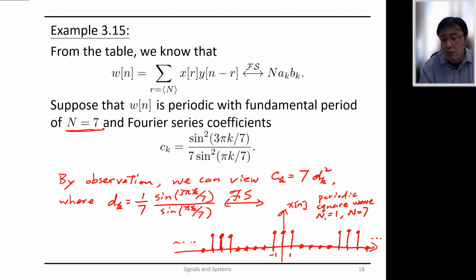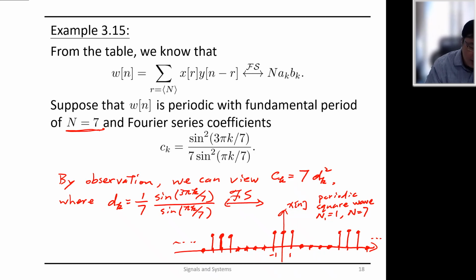If you are able to observe that CK is equal to 7 times dk squared, where dk is actually the Fourier series coefficient of this periodic square wave, then by the property above, you know that the signal Wn that you're looking for can be obtained by taking the periodic convolution of the signal x and itself.